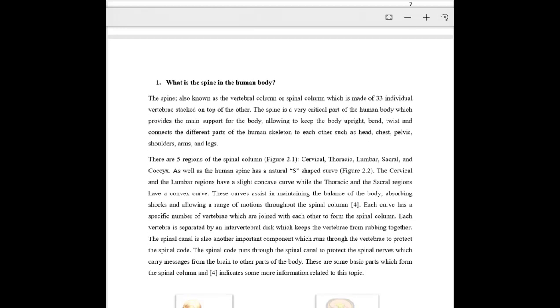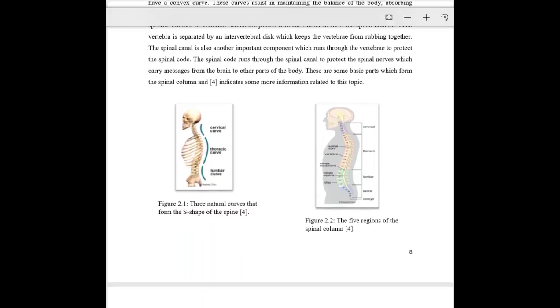First, we need to understand what is the spine of the human body. And this part gives a better understanding about the human spine and the importance of considering human spine when carrying a school bag is mentioned under the next topic.